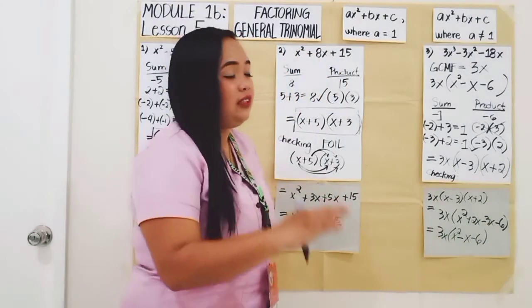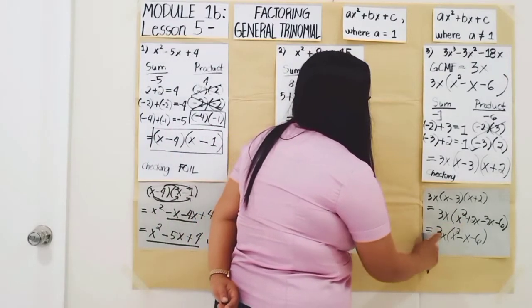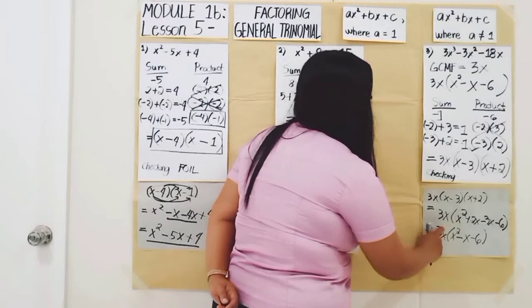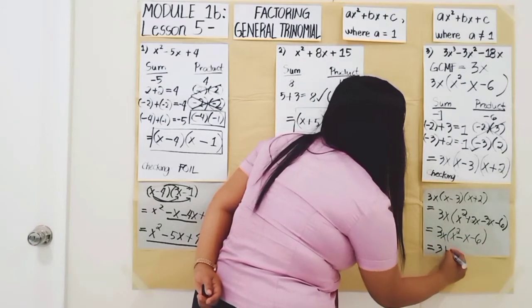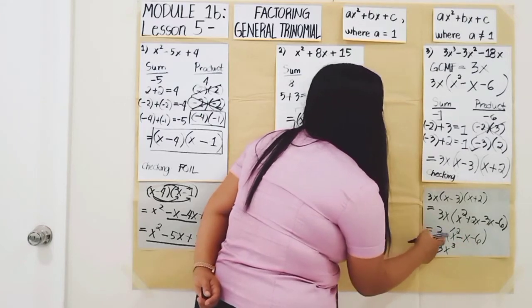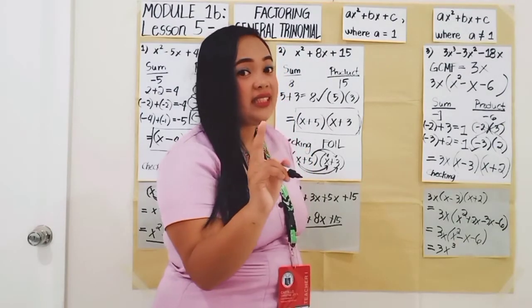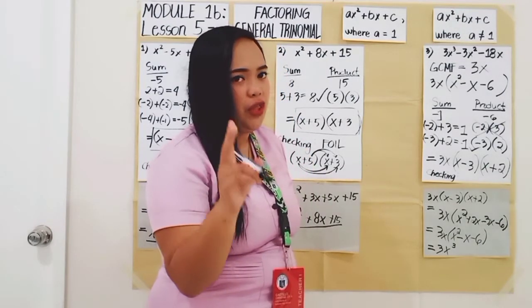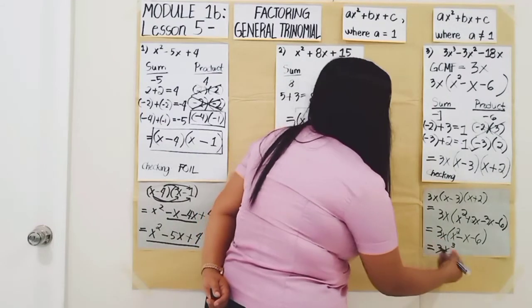And then now the final step is you multiply the GCMF to each of the terms. So that would give us 3x cubed, because if you multiply the two variables with exponents, you add their exponents. So 1 plus 2 is 3.